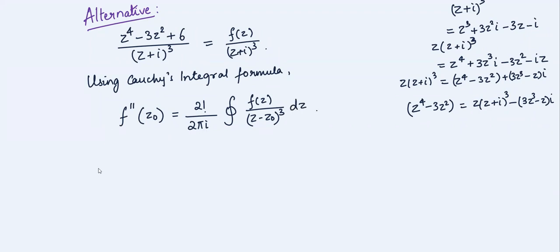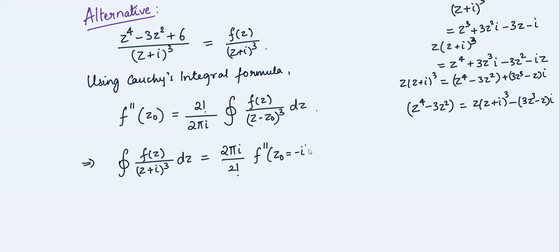So 2 pi i by 2 factorial, so we get the integral of f of z by (z plus i) the whole cube dz is 2 pi i by 2 factorial times f double dash at z naught equal to minus i.